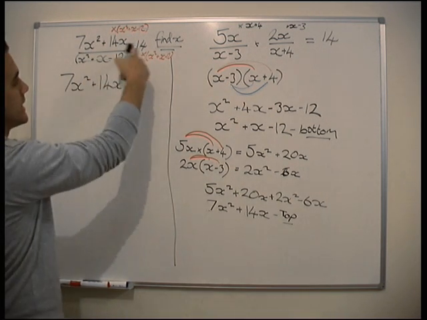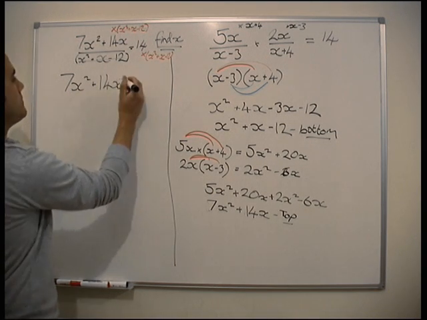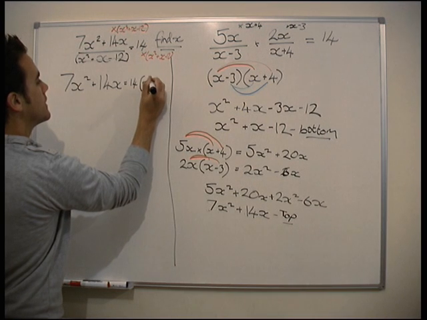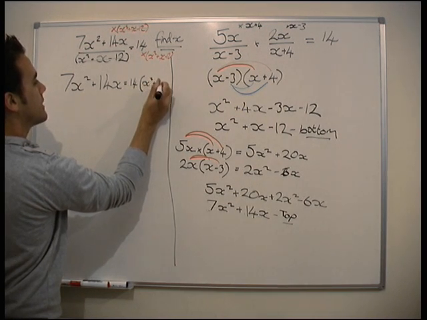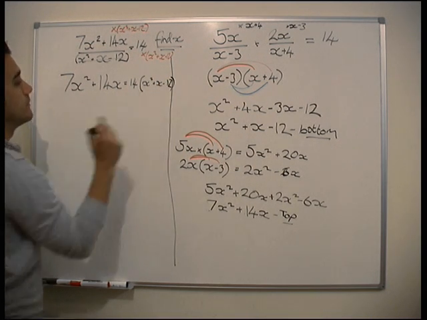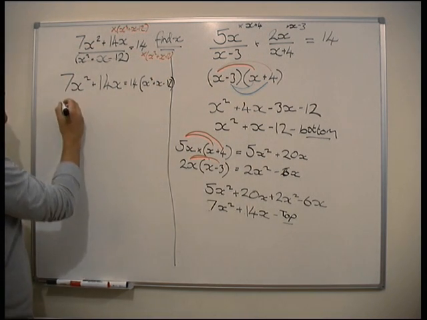And what am I going to get on the right hand side? I'm going to get 14 brackets x squared plus x minus 12. Let's multiply that out.